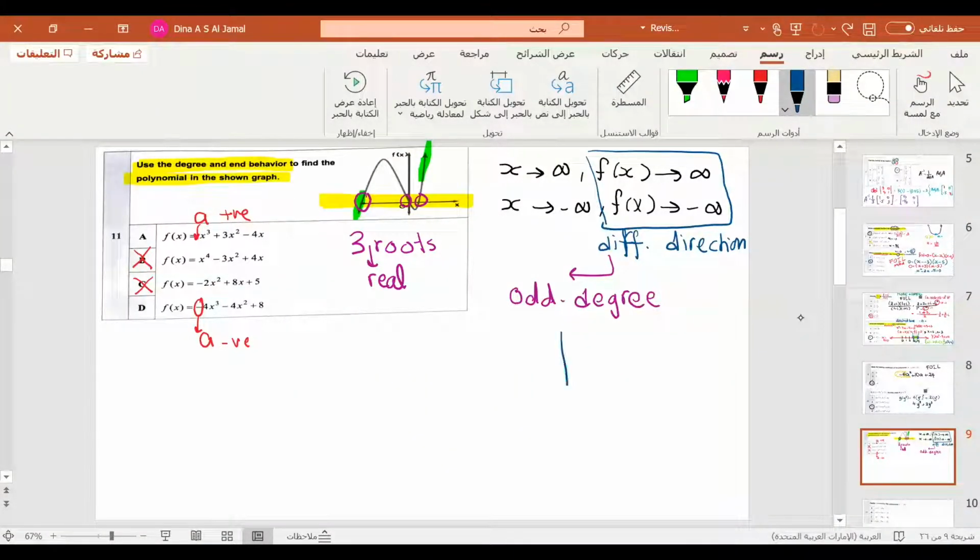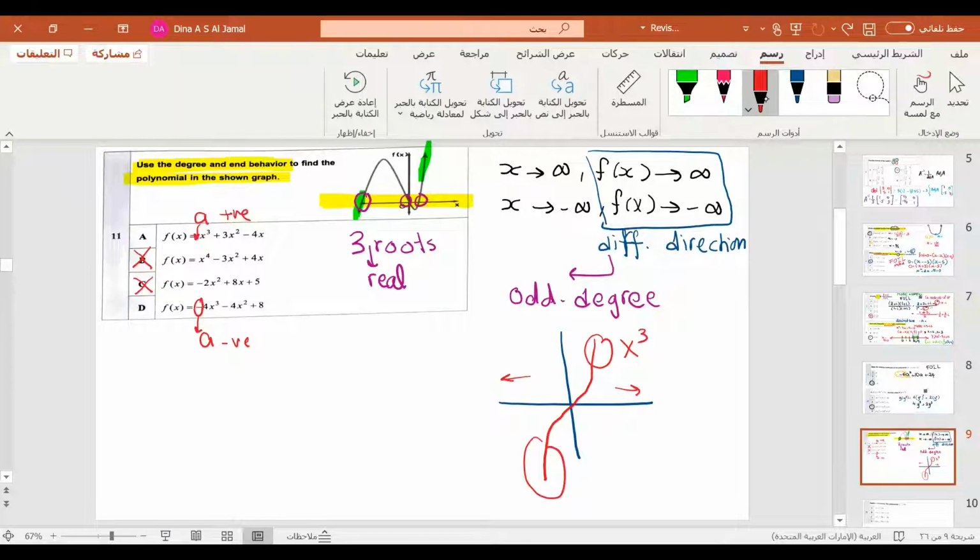If I'm having x cubed, for example, only x cubed, how can I graph it if it is positive? It will be looking like this. So your end behavior when x goes to infinity will be infinity, but when x goes to minus infinity will be minus infinity. But when you graph minus x cubed, the end behavior will be flipped.